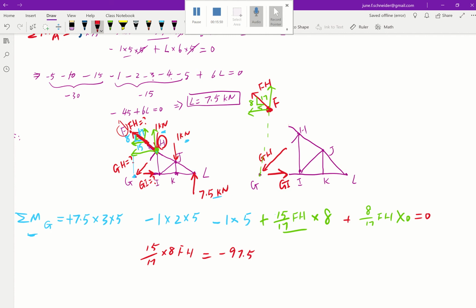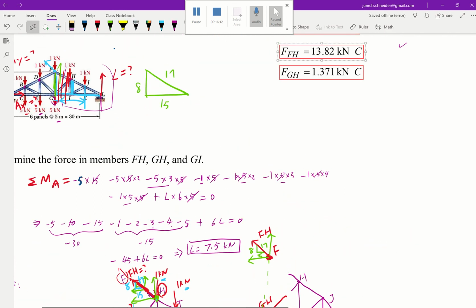Then we're going to times 17, then divide by 15, then divide by 8. Then we'll have an answer for FH as negative 13.8125. I'm dying to see my answer.